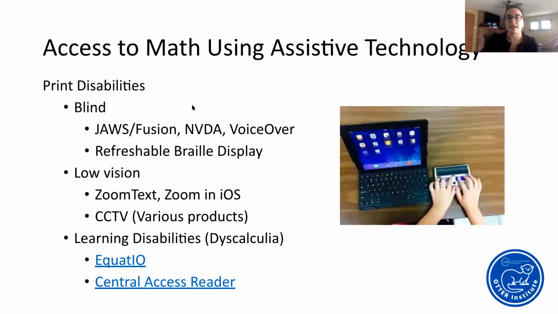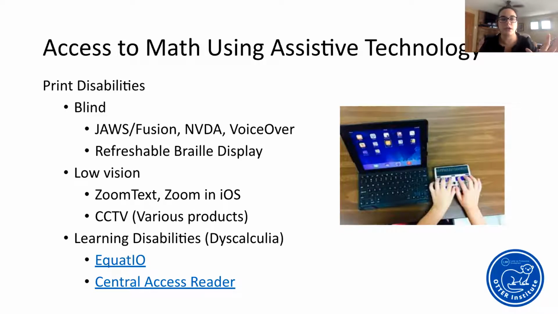So for those new to this conversation, there's a lot of ways to access and navigate math through assistive technology. Assistive technologies support students and individuals that may have functional limitations with speaking, typing, writing, hearing, and many other things. And people with different disabilities may require different assistive technologies.